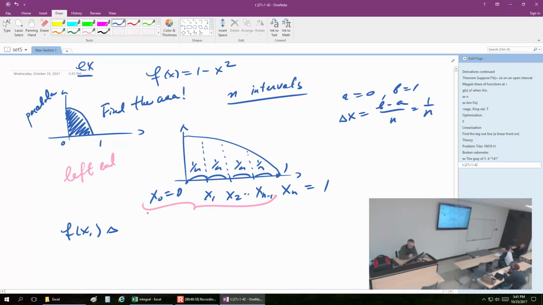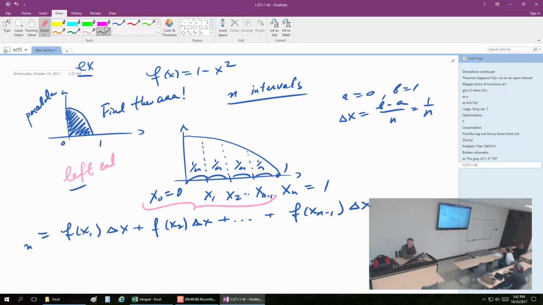This is what I'm going to do: the sum f of x1 delta x plus f of x2 delta x, and so on, up to f of x(n minus 1) delta x. That is my Riemann sum, R sub n. Well, actually, R and L frequently stand for the right end and the left end, and now I'm actually doing the left hand, so let me put L here. L sub n, the left end Riemann sum.